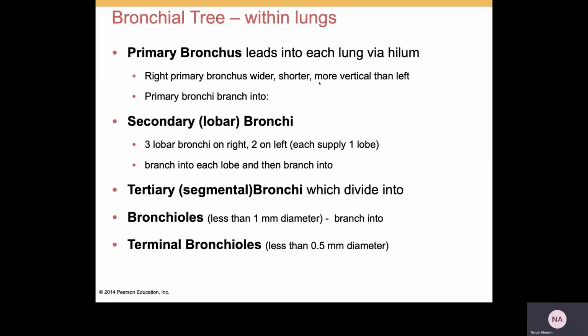For the secondary bronchi, there are 3 on the right and 2 on the left, because the lungs have different numbers of lobes. And then again, they'll branch into smaller and smaller divisions.